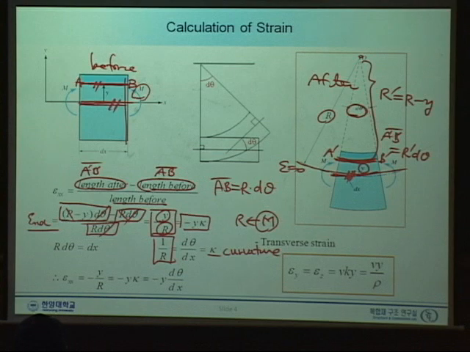Let's say this is the 1 over R. R d theta equals simply dx, because this line will be the same as this one, and this is the R. So R d theta is simply dx.